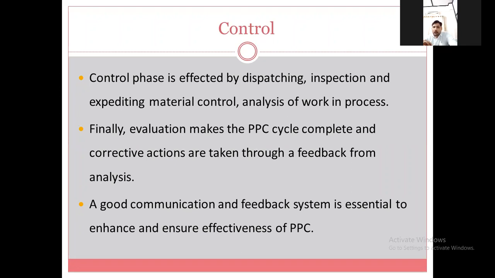Next point, a good communication and feedback system is essential to enhance and ensure effectiveness of PPC.